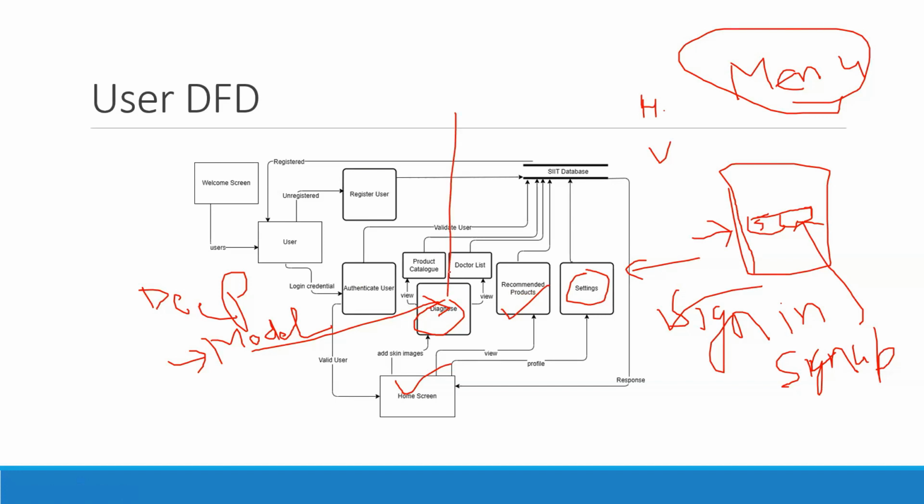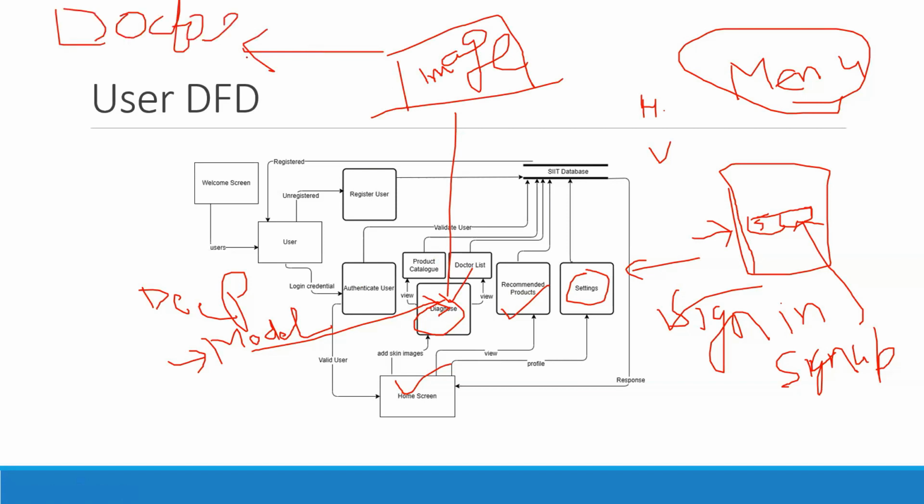When Pooja has inputted an image, after inputting it, it shows a list of doctors if she has any chronic disease. If she doesn't have any chronic disease, it will display the product catalog.